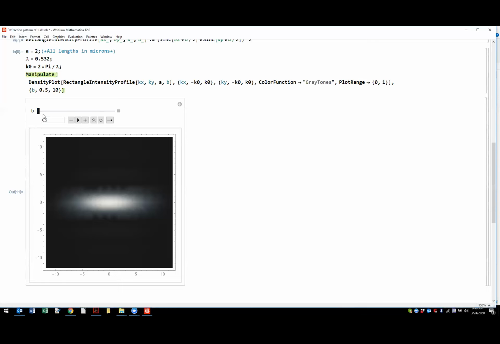If I were to compare this wave versus this wave to travel the distance d in air, the number of cycles is going to be d over lambda. Whereas this wave that traveled d through something with index n, the number of cycles will be d over lambda over n, the wavelength in there.